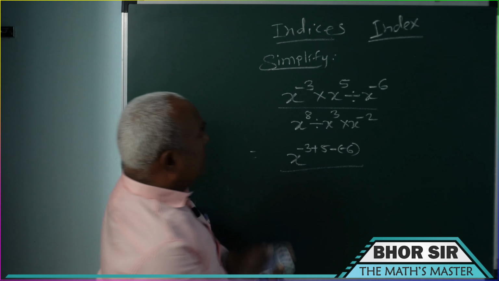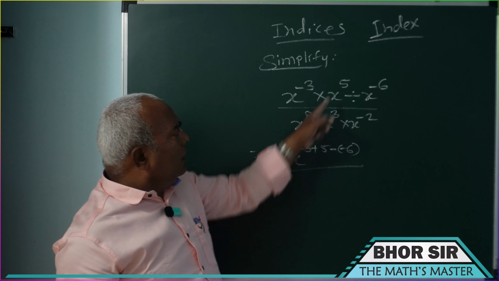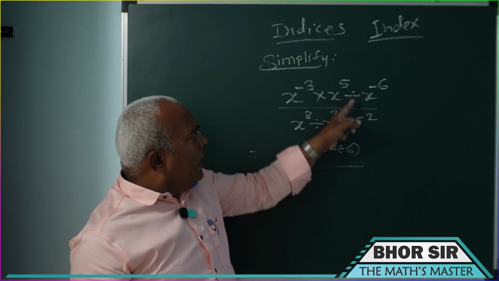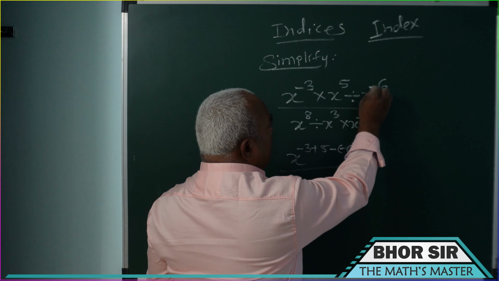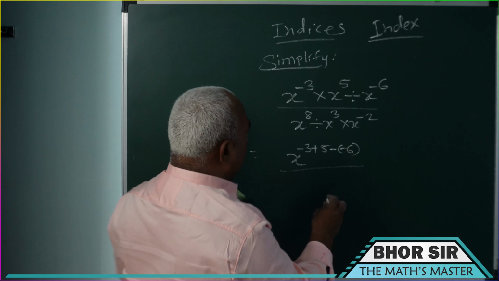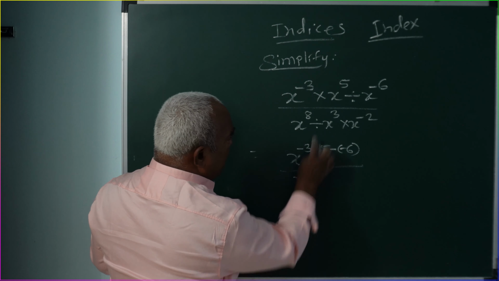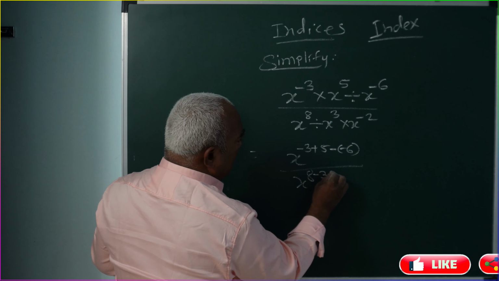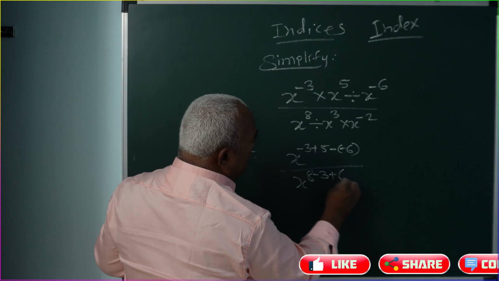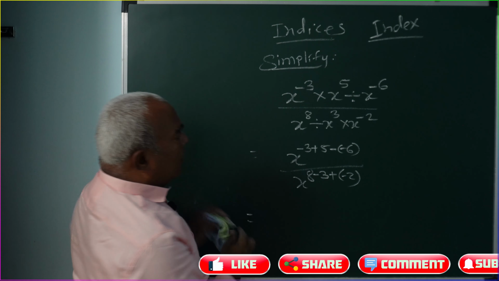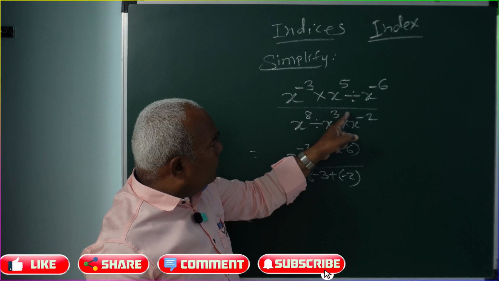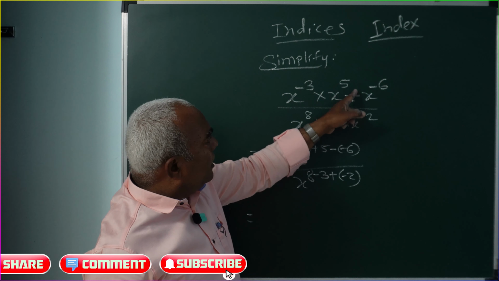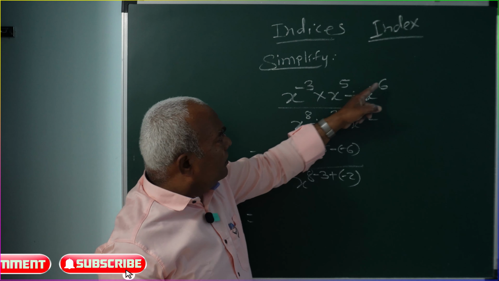This way it should be upside. See here. Minus 3 plus 5 minus of minus 6. Why minus 6? Because here is division, therefore minus coming, minus 6 again. Then x^8. Here minus 3 plus minus 2. This way. See here. While doing addition of indices, it will be addition: 3 plus minus 2. Here minus, division means minus 6.